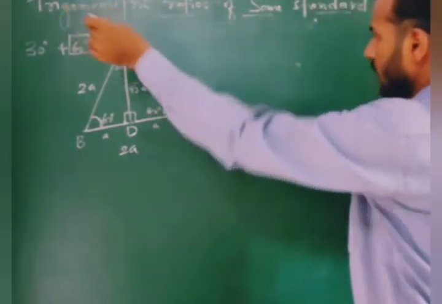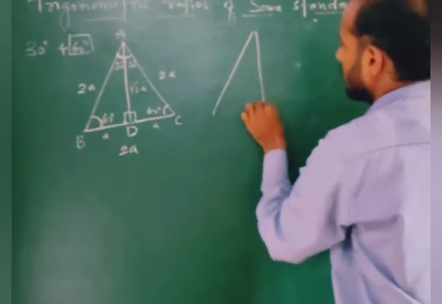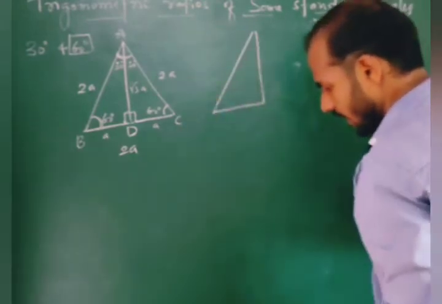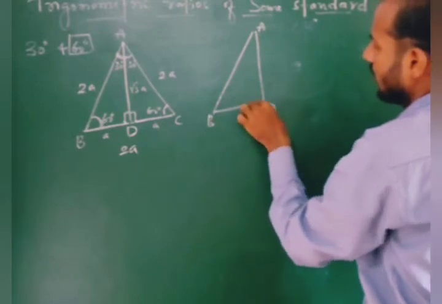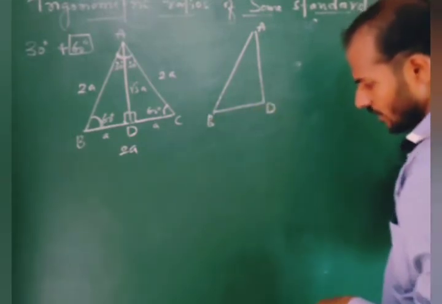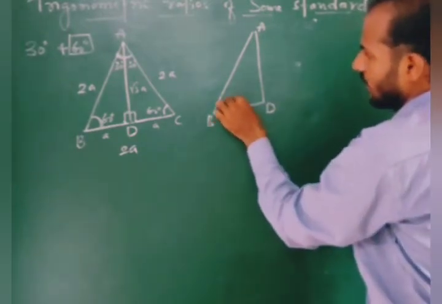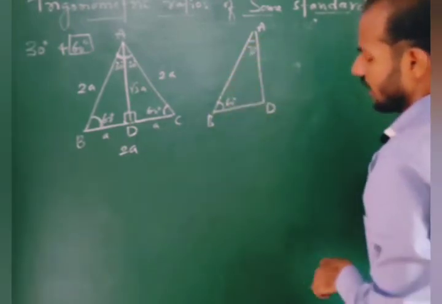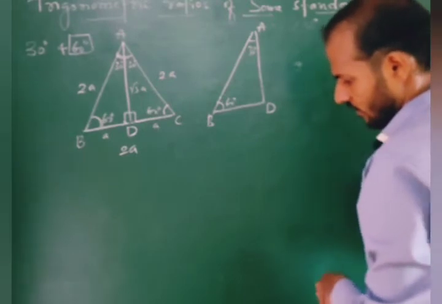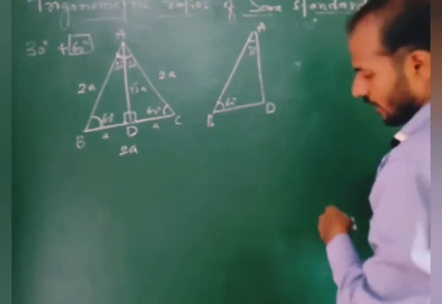Next let us consider angle ABD. The values are nothing but this is 60 degree. B value is 60 degree. Angle A is 30 degree. And this is 90 degree, right?